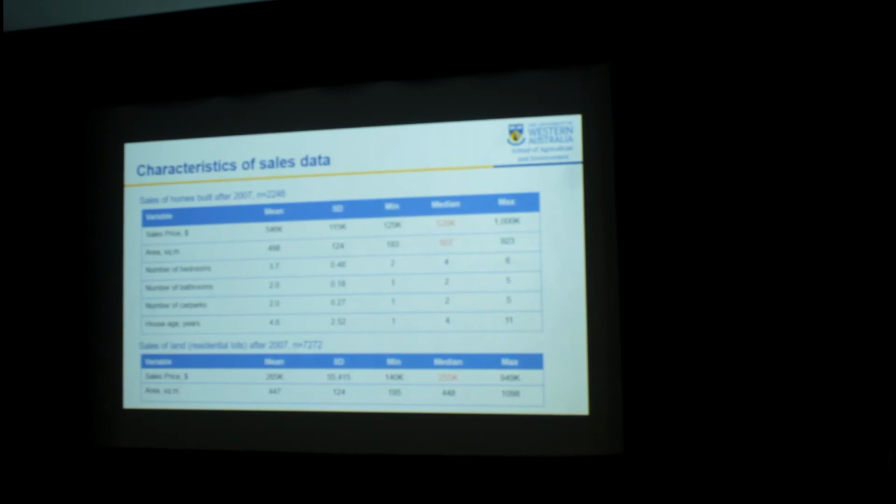For lots we just have price and size. The maximum price is 235, which is kind of suspicious, and 448 is the median size of a lot.